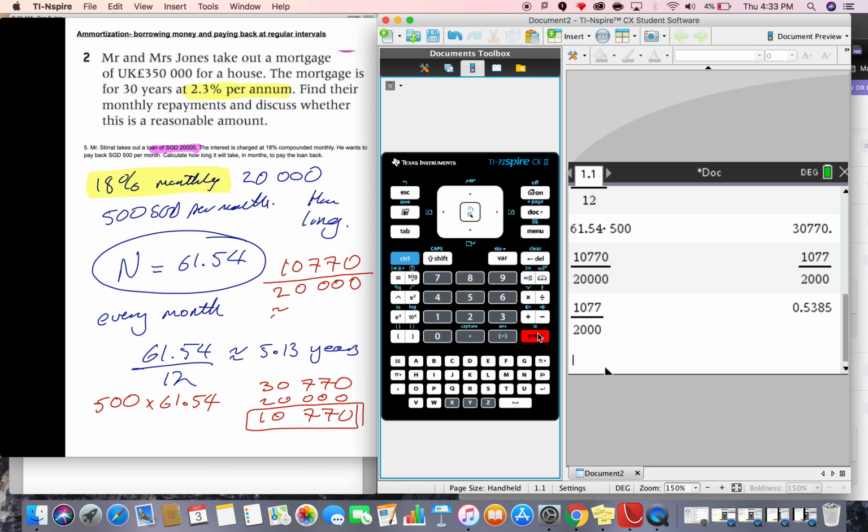So this is approximately 54%. So we've got this effective interest rate that we've paid. We're paying back an extra 54% of the amount we borrowed, which is ridiculously high. Just look at it in absolute values. We borrowed 20,000. We pay back the full 20,000 in 5 years, approximately, but you also pay back on top of that 10,770. That is an amazing amount of money you've got to find just for the privilege of taking out that loan. So just look very carefully at the percentage interest rate.